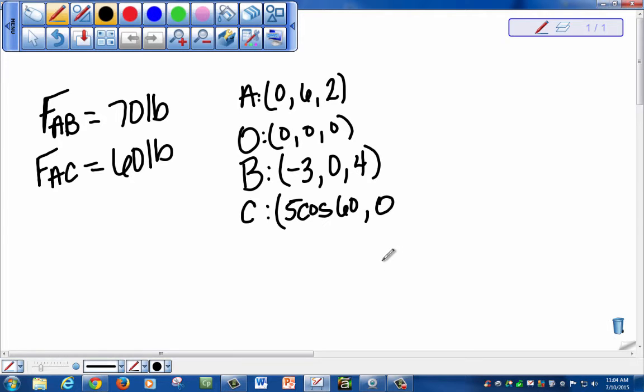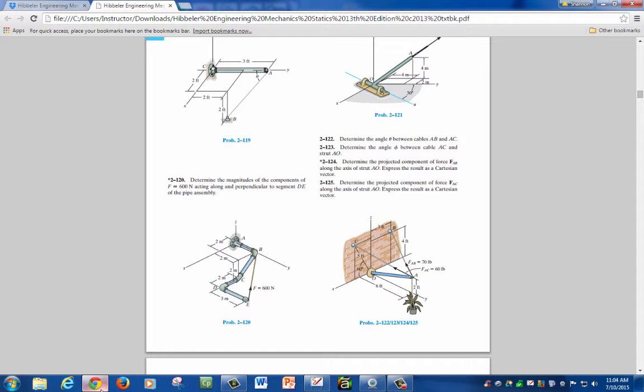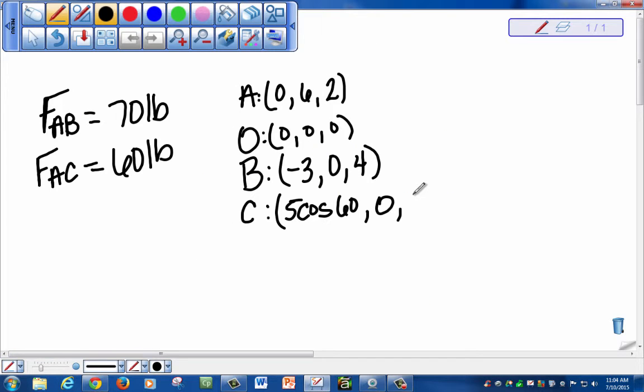It doesn't have a y component because this guy is along the wall. It's not protruding out of it like how the flower pot is. And we have a z component, so it's going to be 5 sine of 60, and this is going to give us the vertical component.